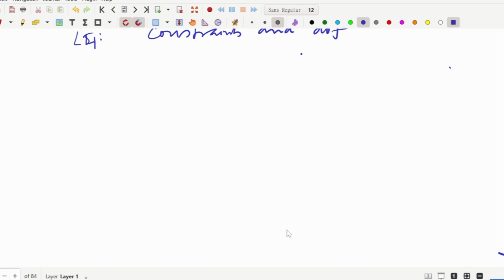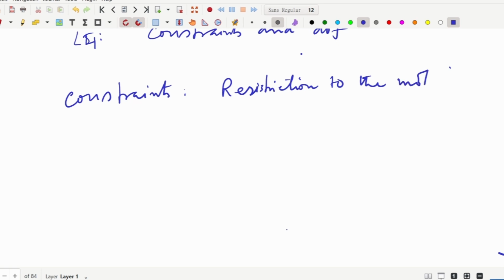So let us start today's lecture with a review of the constraints, which are very important. Constraints mean the restriction to the motion.